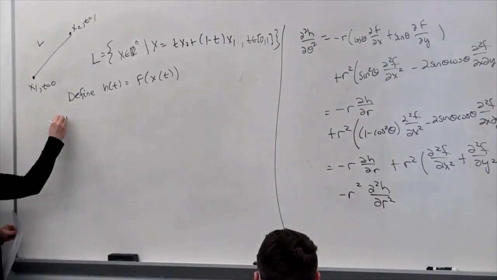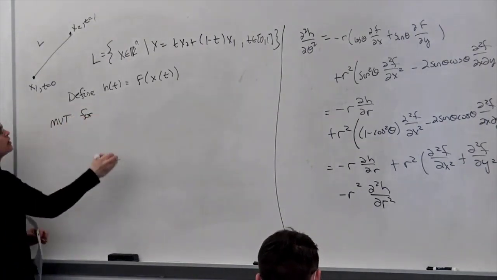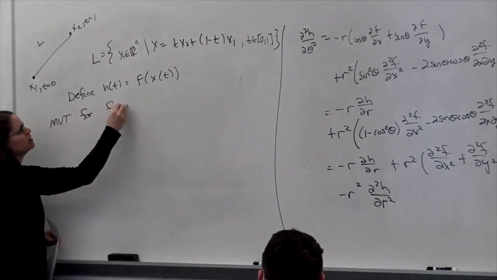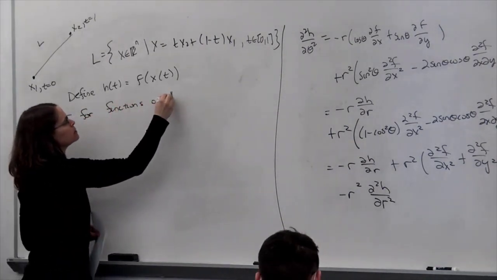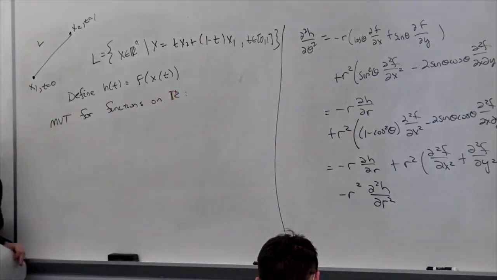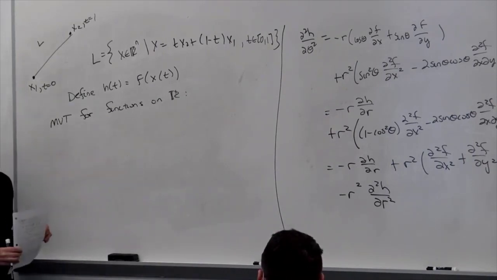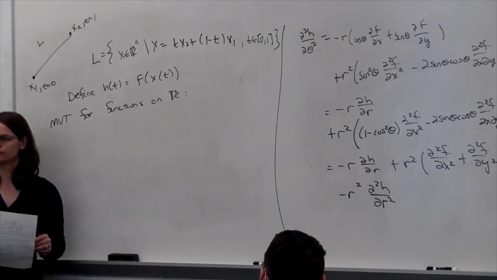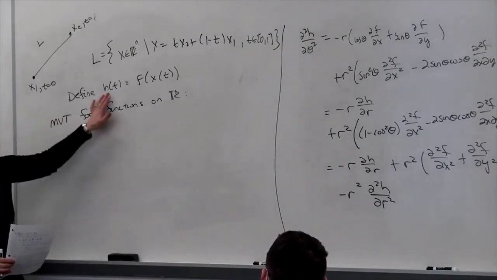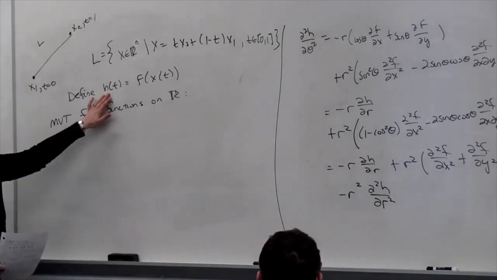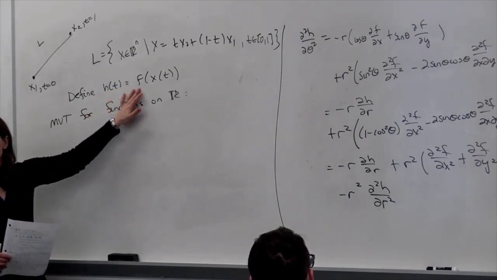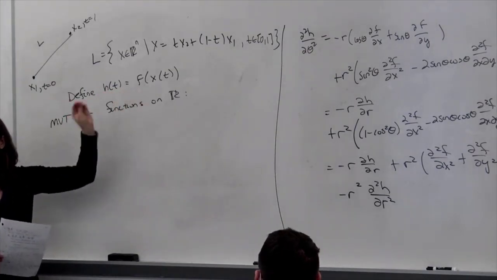So the mean value theorem for functions on R, let's see, what do I need? I need h to be continuous and differentiable. We're given that f is continuous all the way on this line segment, right?